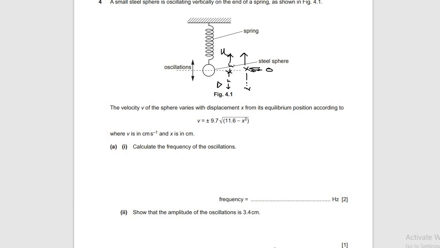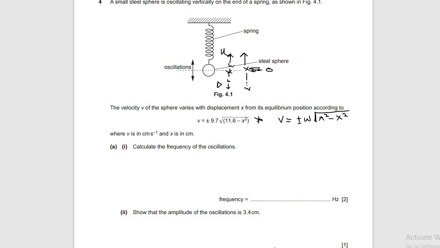The velocity v of the sphere varies with displacement from the equilibrium position, according to this equation, where x is in centimeters. Calculate the frequency. This model is of the format v equal to plus or minus W square root of A squared minus x squared. W is the angular velocity, A is the amplitude, x is the displacement.